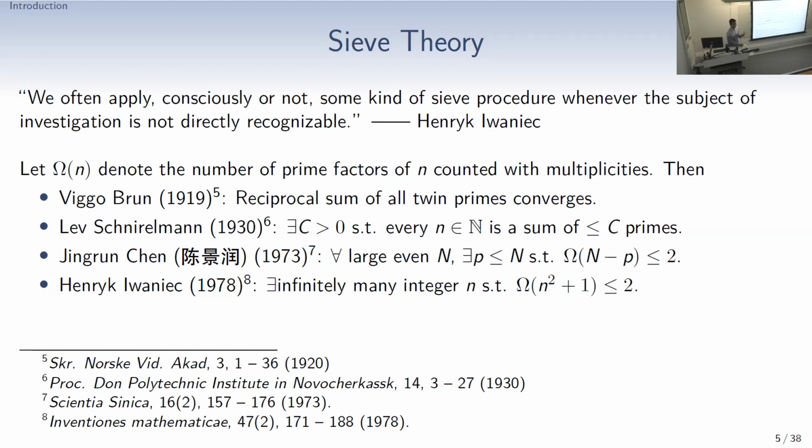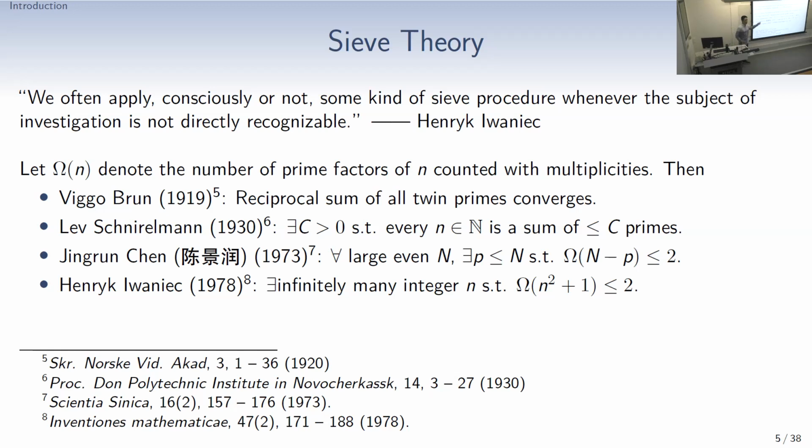For instance, there are infinitely many square numbers, but the reciprocal sum of the square numbers converges, and it converges to pi squared over 6, a really interesting result. So this is Viggo Brun, and later on, adapting Brun's method, Lev Schnirelmann, who was a Soviet mathematician, proved that every natural number is a sum of a bounded number of primes.